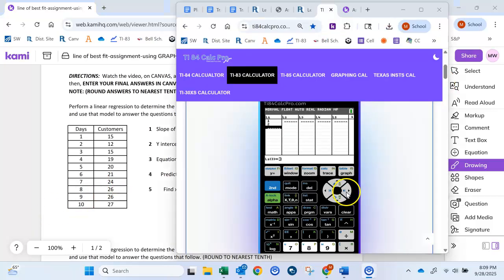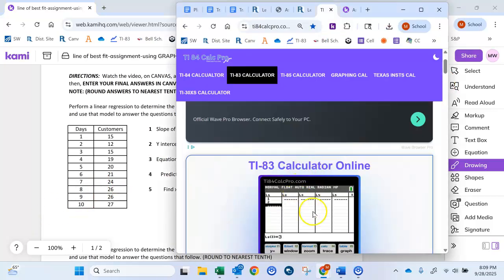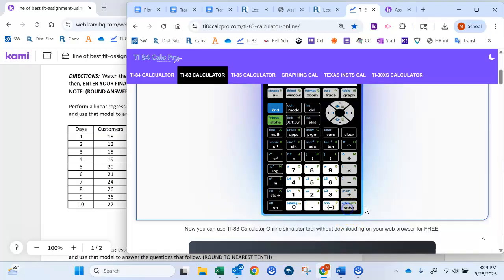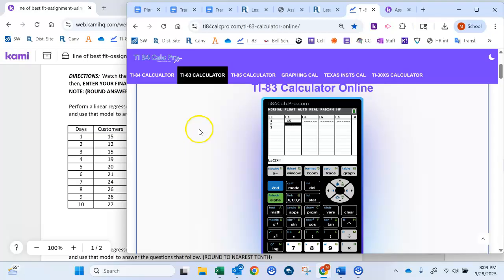Then I'm going to go to column 2. The first value was 15, so I type in 15 and then enter. I'm not going to make you watch the whole thing, but I'm going to put them all in and come back. You should follow along and do this at the same time.